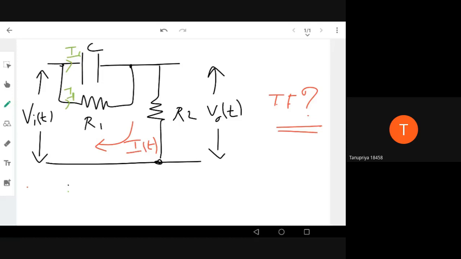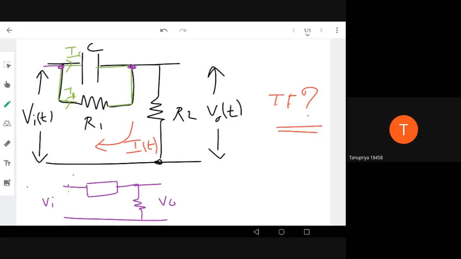Basically we want to see this connection. This capacitor and resistance are connected in parallel, right? When two components are connected in parallel, impedance decreases. So one way of doing this is to find the collective impedance of this capacitance and resistance, and there's a resistance at the output, right? This is Vo, this is Vi. This is the easiest way.